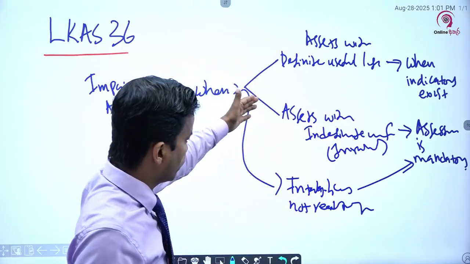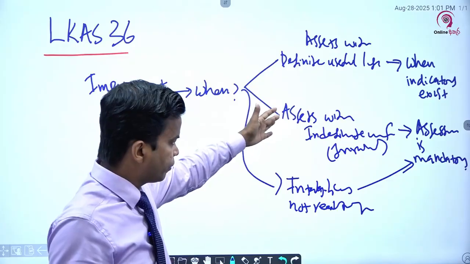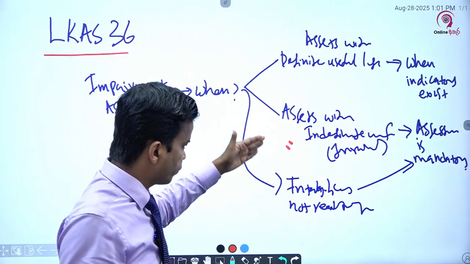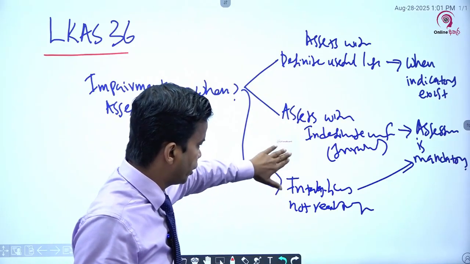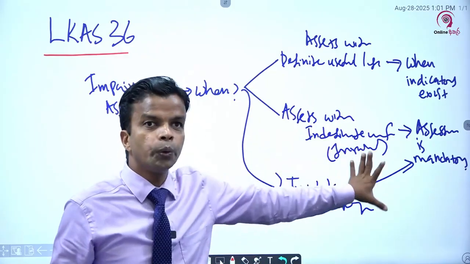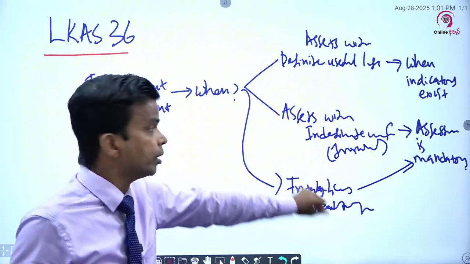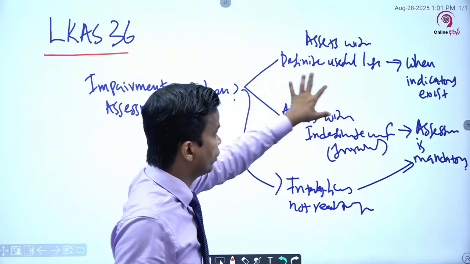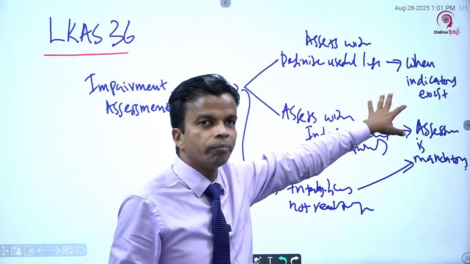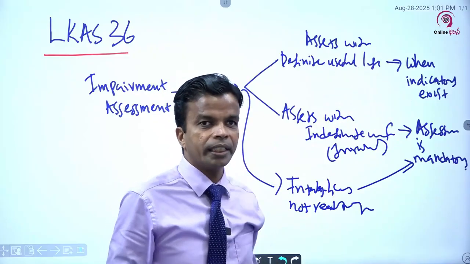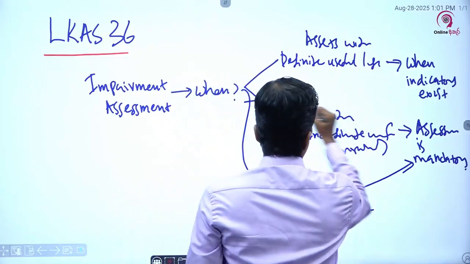So if it's an intangible asset with indefinite useful life, or an intangible asset not ready to use, you should do a mandatory year-end impairment assessment regardless of indicators. But if it is an asset with definite useful life, you do the impairment assessment only when there are indicators. So this is clear.